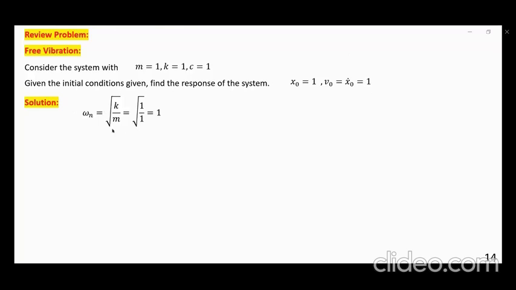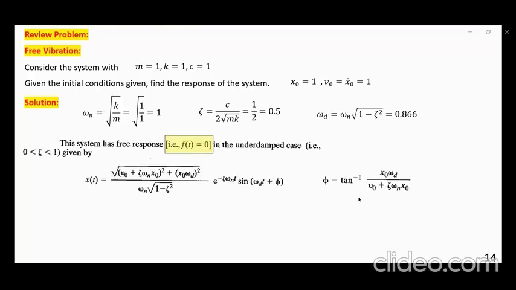Of course, you need this intermediate stuff. So there is your zeta, the damping ratio, and there is the damped frequency. And this was the formula. Please go ahead. If you have free vibration and you are given x naught and v naught, you just stick it in there and you're going to get your response.